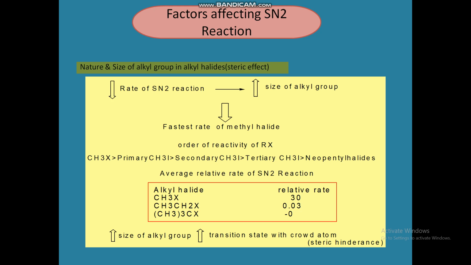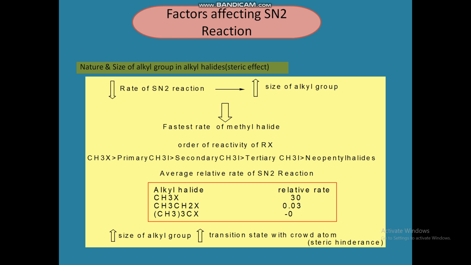So these are the average rates: methyl halide is 30, CH3CH2X is 1, students. (CH3)2CHX is 0.03, and (CH3)3CX is 0.